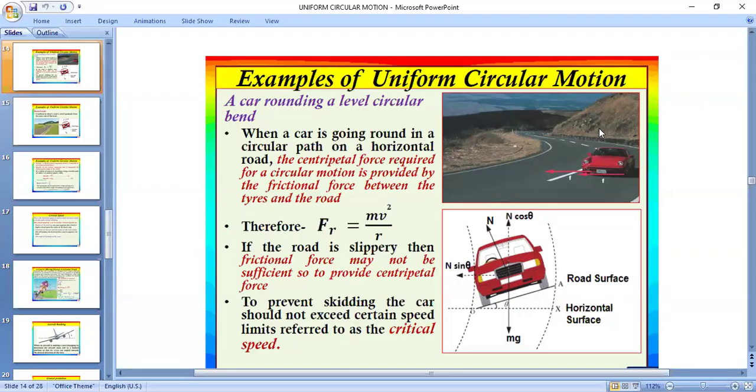So if it's a flat surface, not banked, then we find the critical speed by multiplying acceleration times the radius of that place under the root sign.